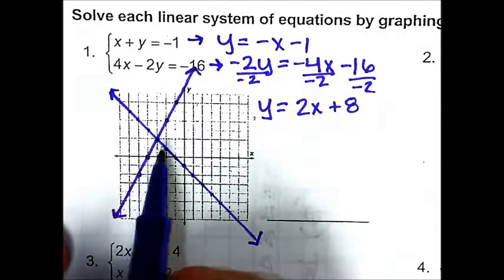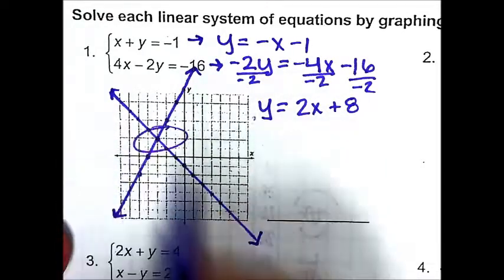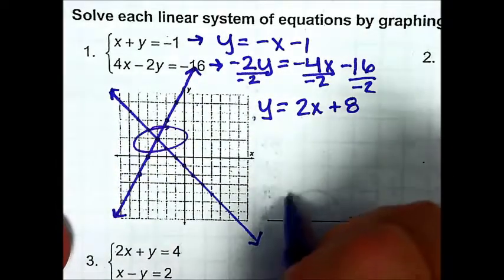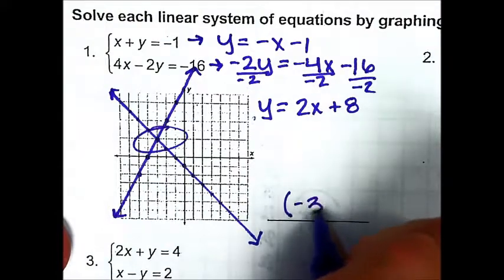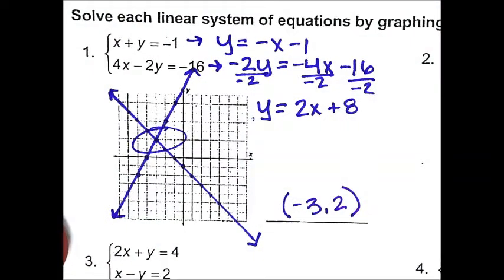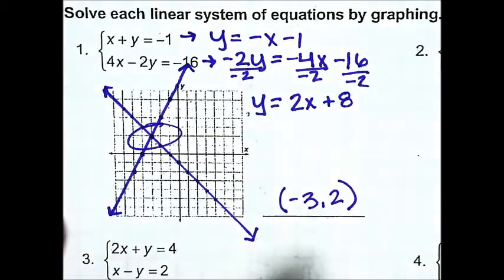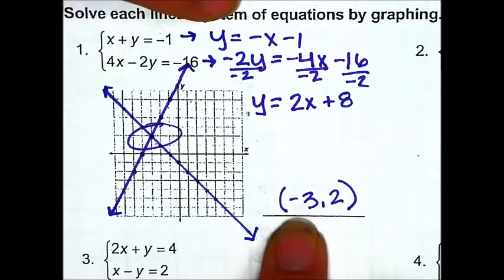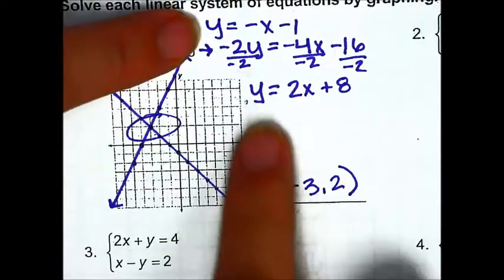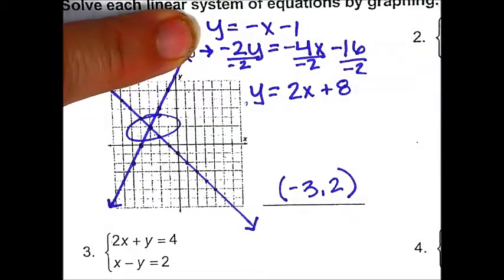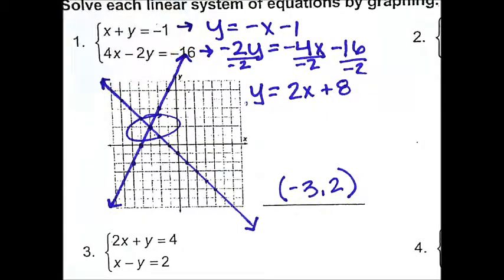My point of intersection is going to be the solution to that system, and that point is (-3, 2). You can always check by putting these numbers back in both equations, and see if you get the right answer. You should get an equal answer.